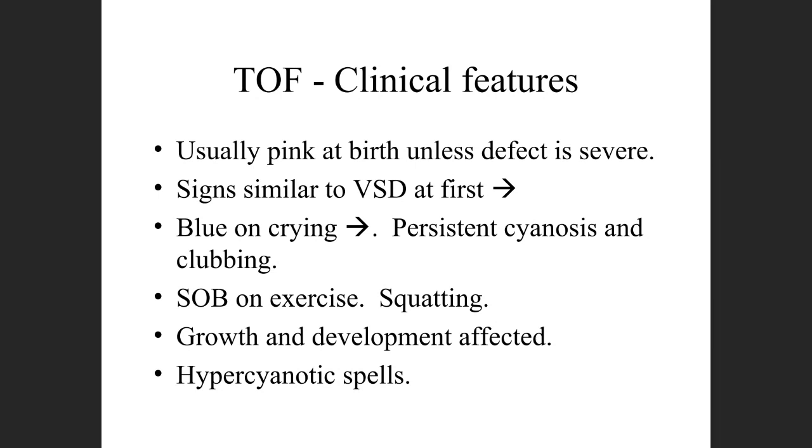What will the systemic vascular resistance do to blood flow across the ventricular septal defect? Is it going to increase the flow of blood from right ventricle to left ventricle, or is it going to decrease it?